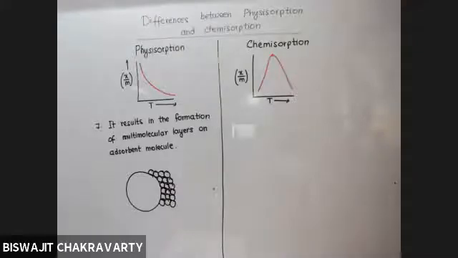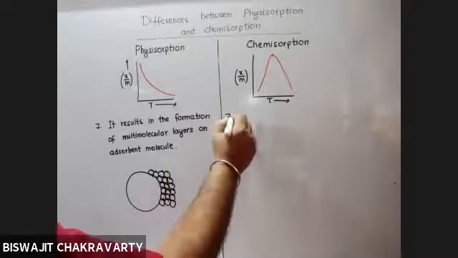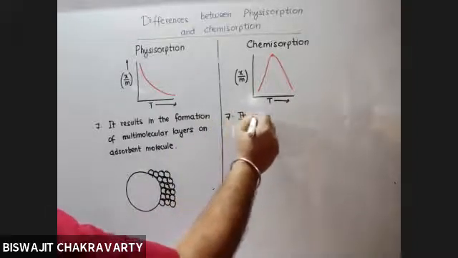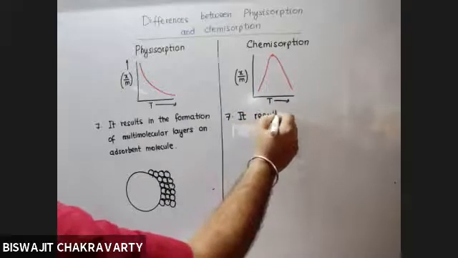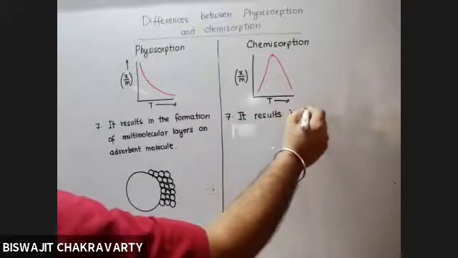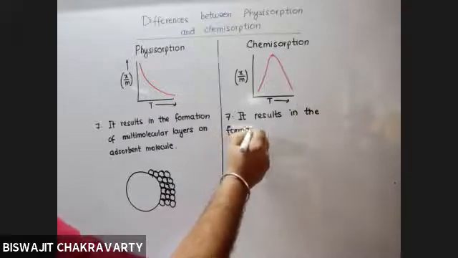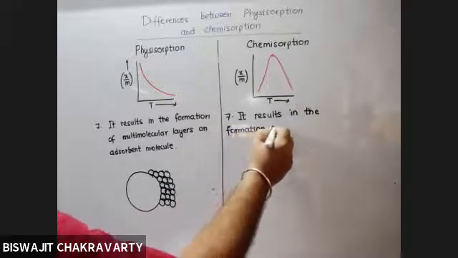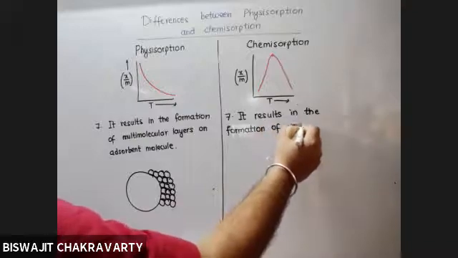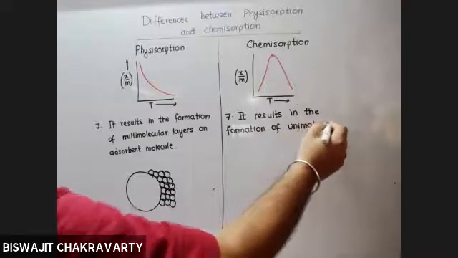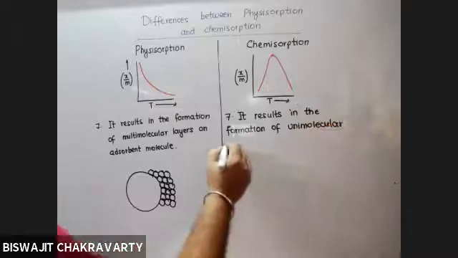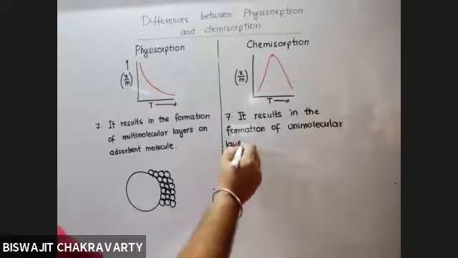But when we are talking about chemisorption, it will never result in multimolecular. Rather, it will result in the formation of unimolecular layer. Uni means single. Why?